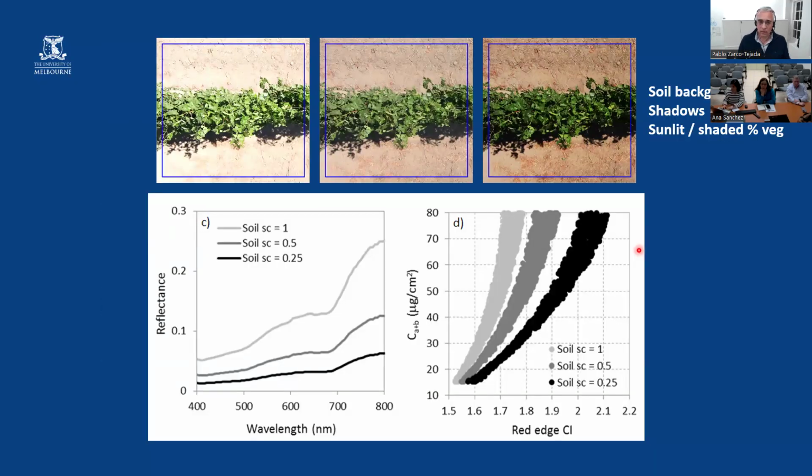Through modeling and through data collection over sites with different soil components, we can see here how the relationship between a trait that we use, for example chlorophyll concentration, and a particular index changes dramatically depending on the soil properties. That means the same value of the index would represent, for example, 30 micrograms per square centimeter in one case and more than 80 in another case.